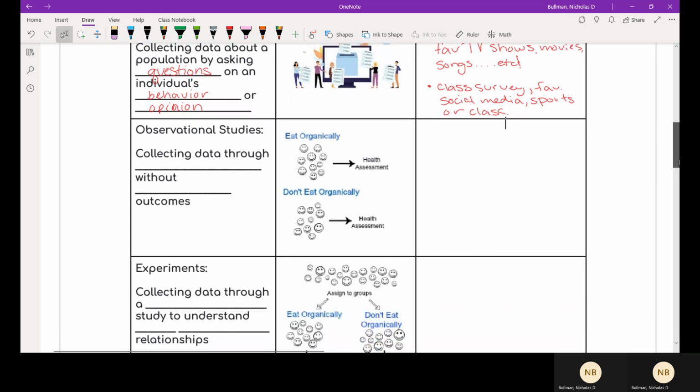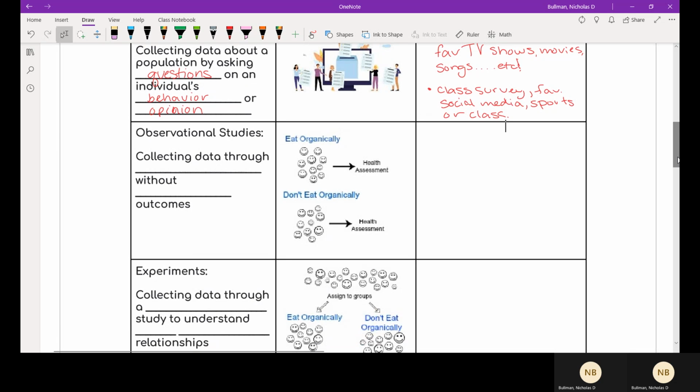Now, our second method is an observational study. An observational study is collecting data through observation without interfering with the outcomes. So you're just standing back and watching the population. You have no say, no control.